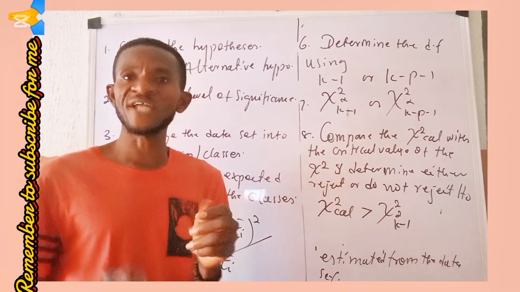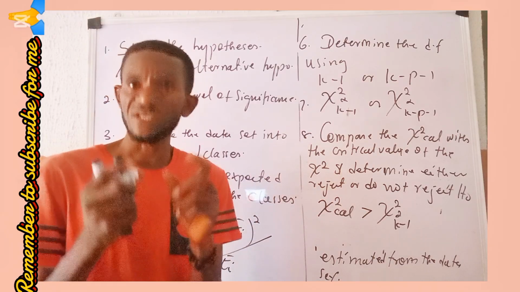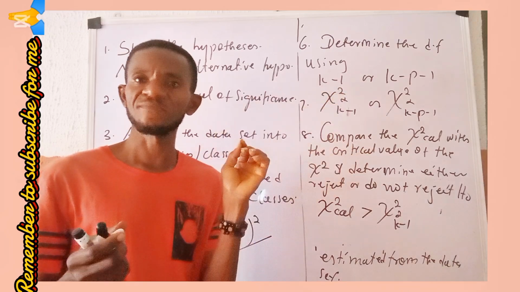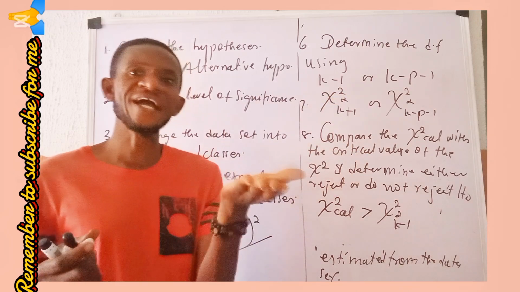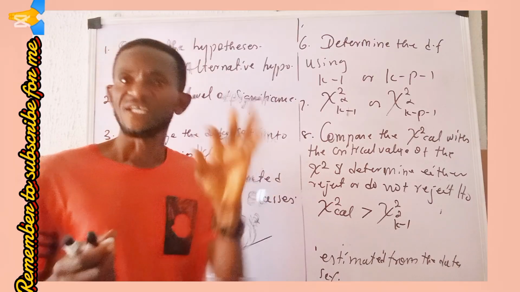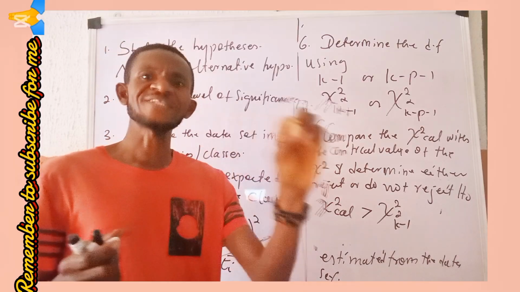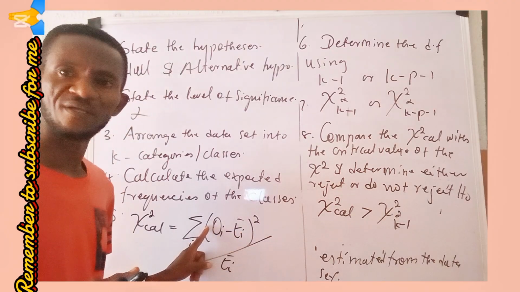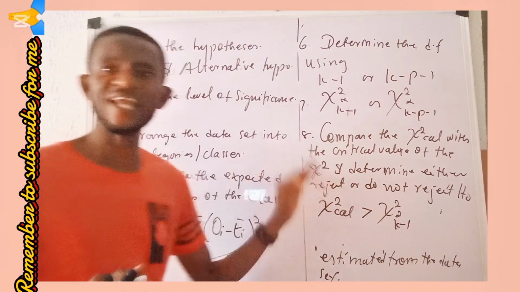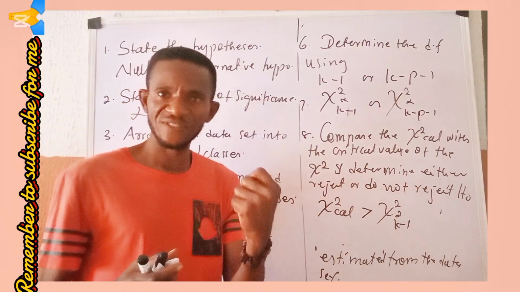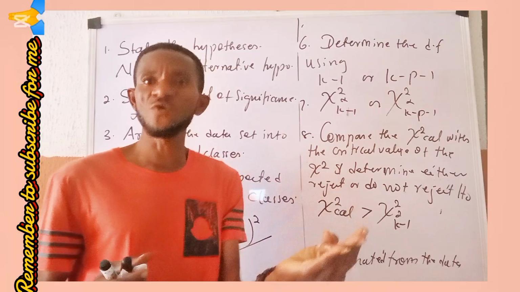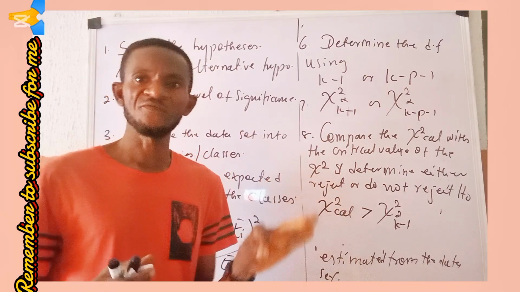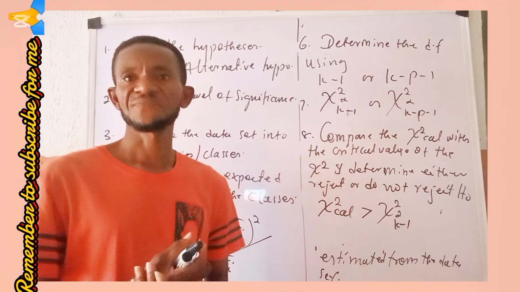We equally told you that it is used to determine if a data set comes from a specified distribution. We now went ahead to tell you that the chi-square test statistic for goodness of fit is given this way. At the end of which we went ahead and told you the steps that one ought to follow if one is conducting chi-square goodness of fit tests.